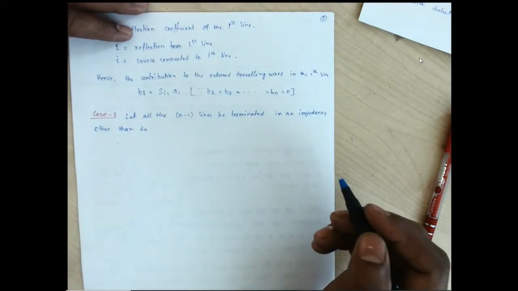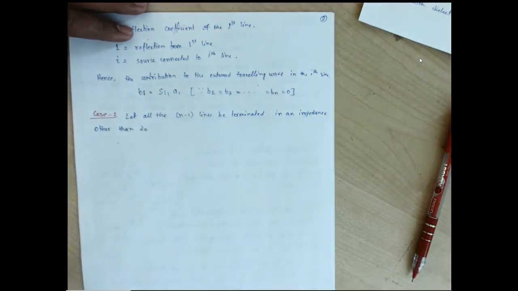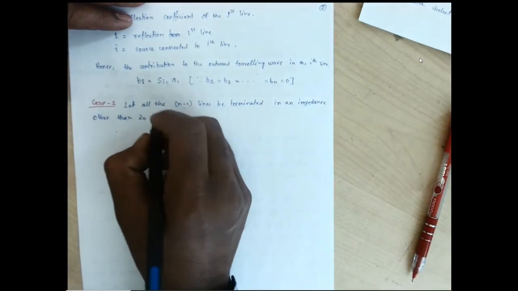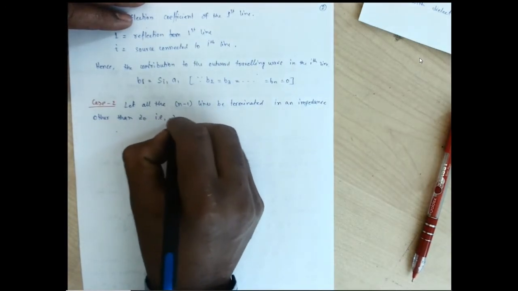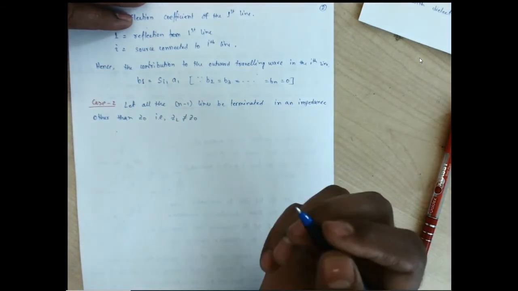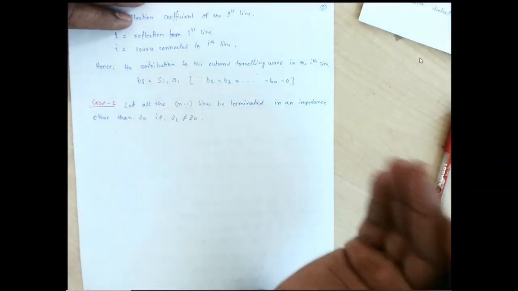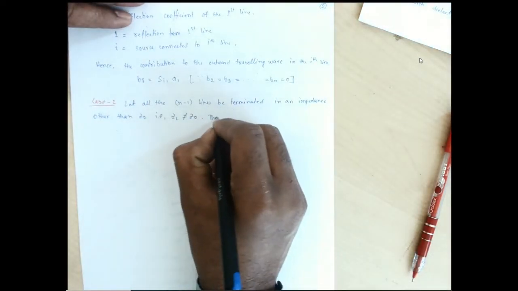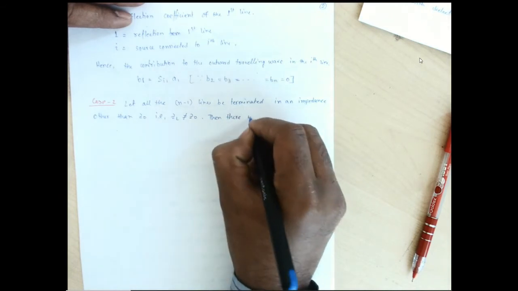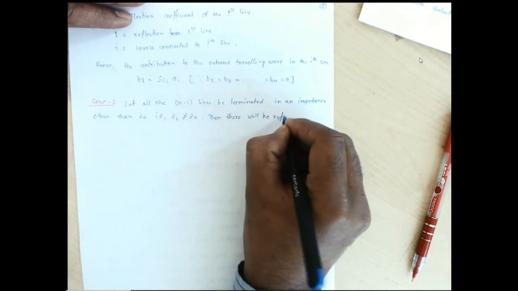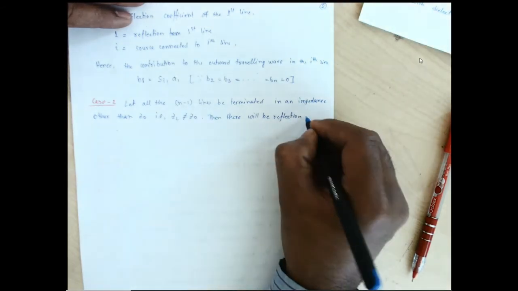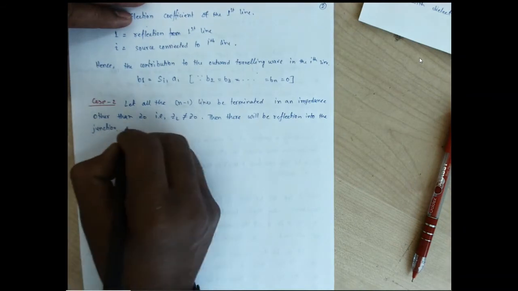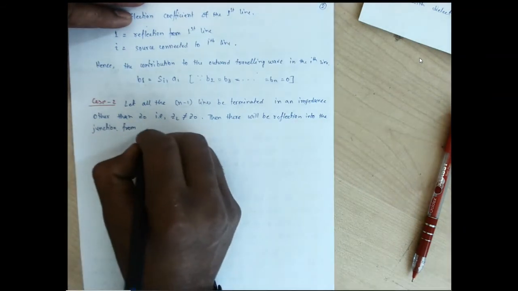Now all the n-1 lines, because one of the lines will be given to the source, are terminated in an impedance other than Z0, that is ZL not equal to Z0. Then there will be reflection from each of the lines into the junction, from every line.